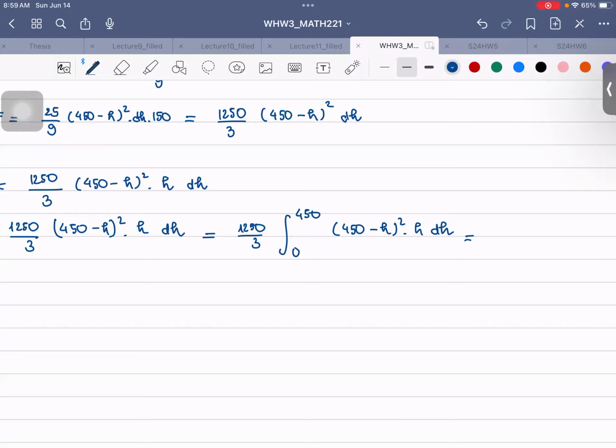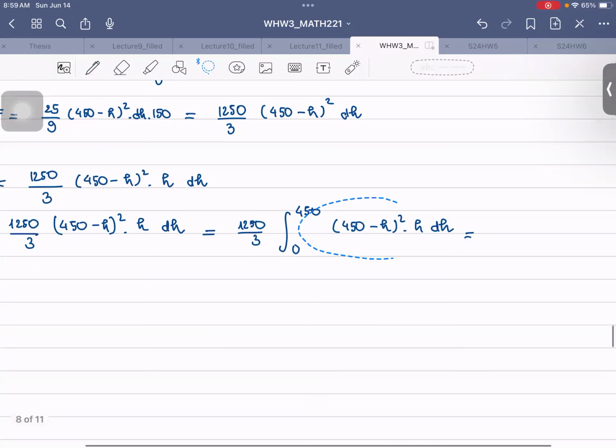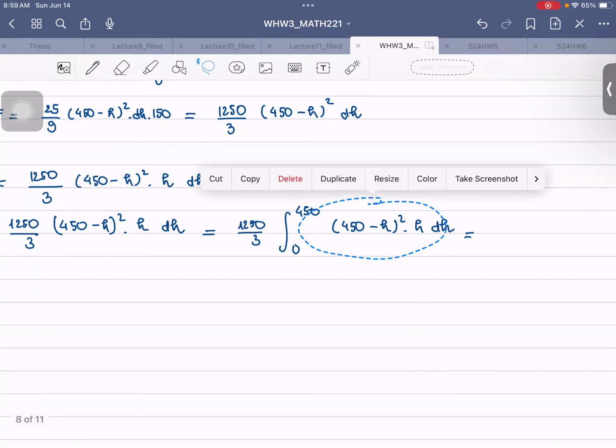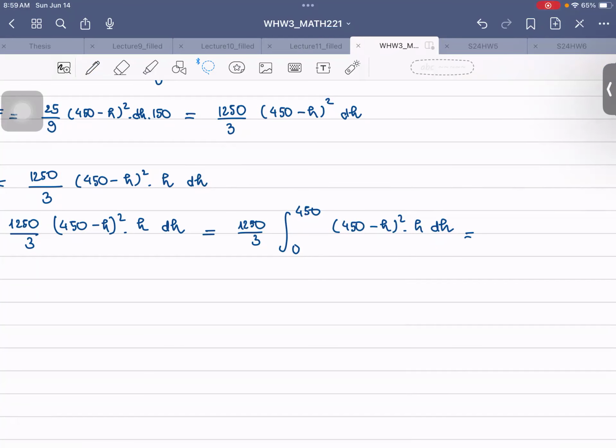So let me compute this integration with my calculator, from 0 to 450 of (450 minus h squared) times h. To finish this integration is not a big problem, because you just need to expand the square, distribute the h into the parentheses, and then use the power rule to find the antiderivative.